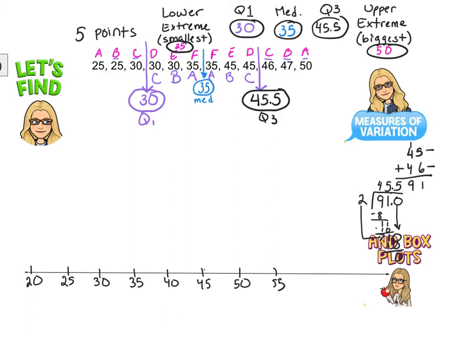All right, the next thing I need to do is actually plot my data. So remember, I circled the 5 things up at the top of the screen that I'm going to plot. They are these numbers. So I'm going to go ahead and plot them. I have 25, and they float up above here, so there's plenty of room for my box. I'm going to float 35 up here. I'm going to float 45.5.